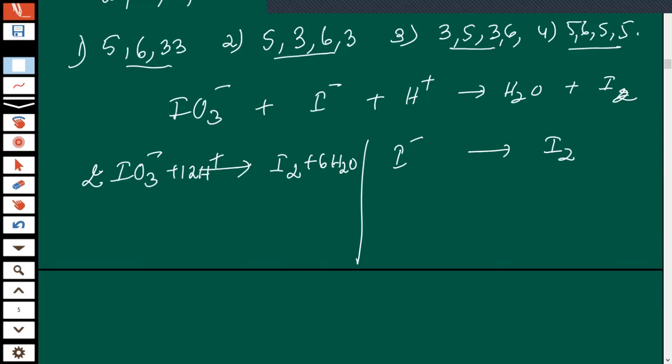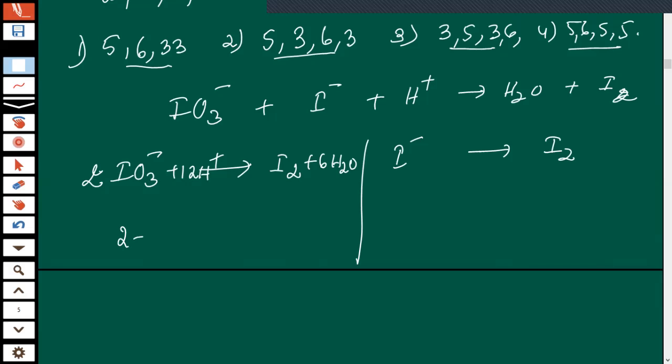Now find out the charge. Here 2 minus, and 12 plus are there, so the net result is 10 plus.